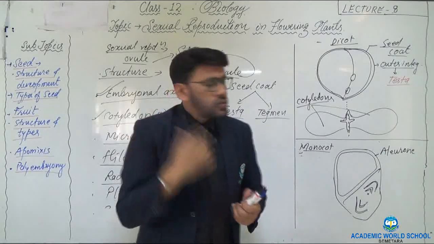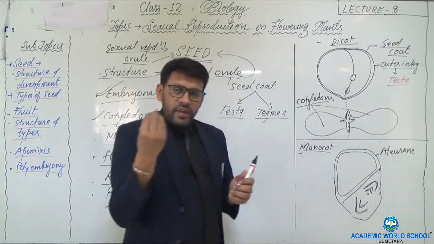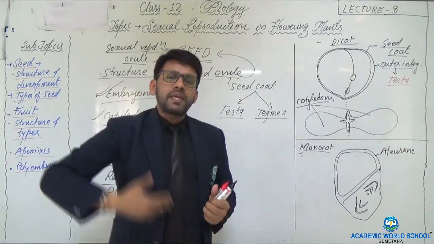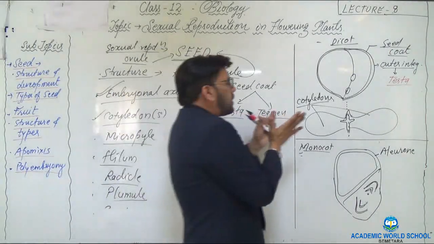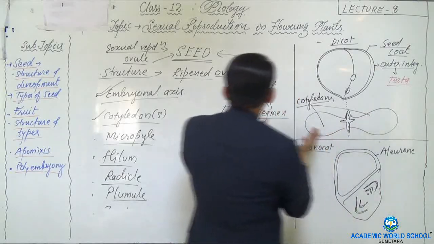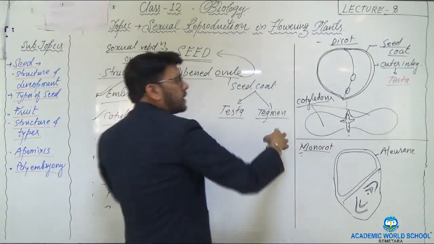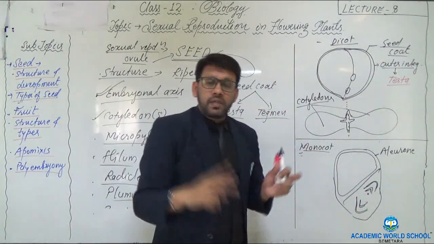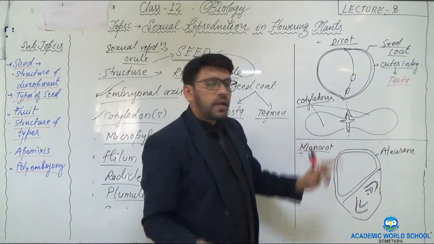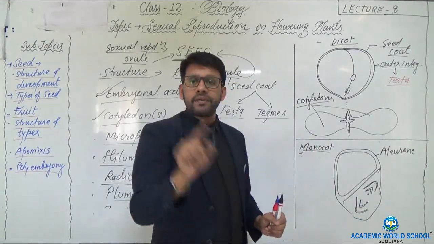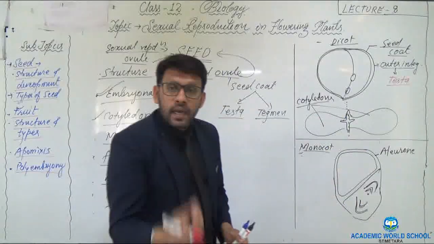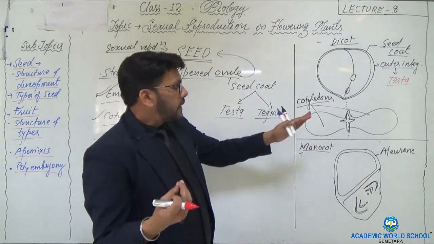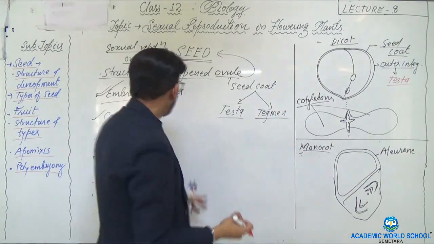So here also these are very small structures. Before they germinate, they need something. So they have this reserve food material with them in the form of cotyledons. So the cotyledons are responsible for providing nutrition, as it is the reserve food, to the embryo cell, like radicle and the plumule.